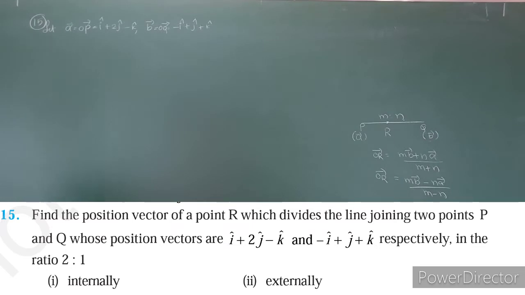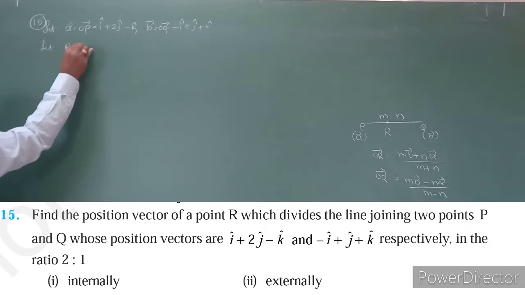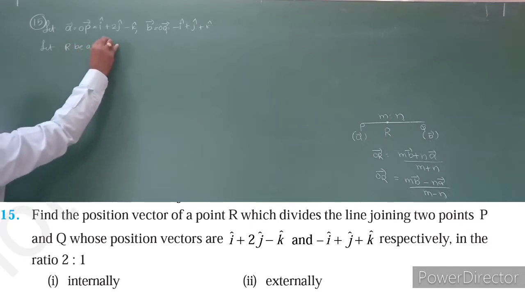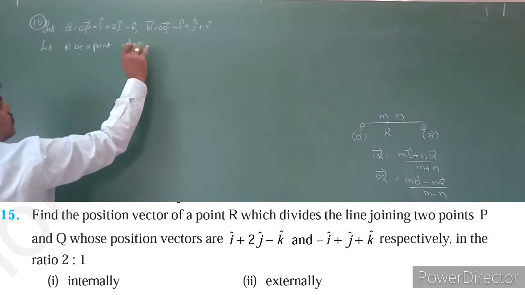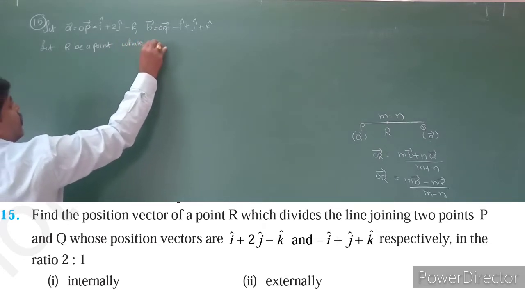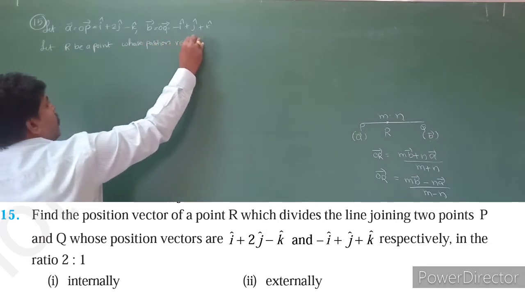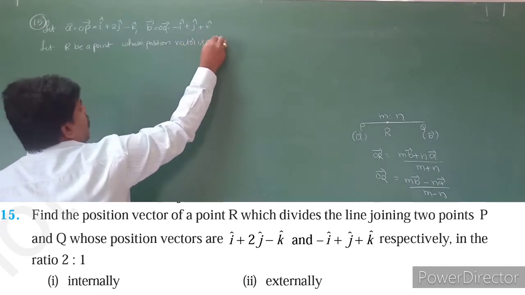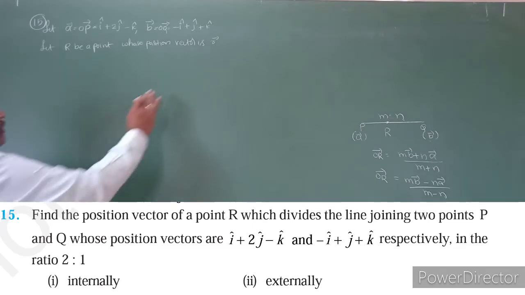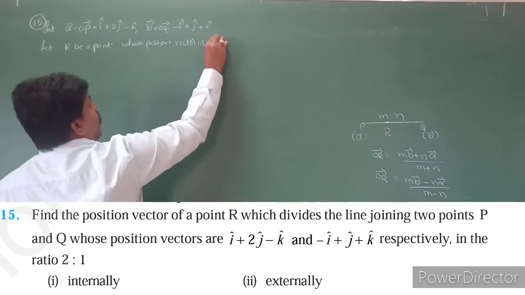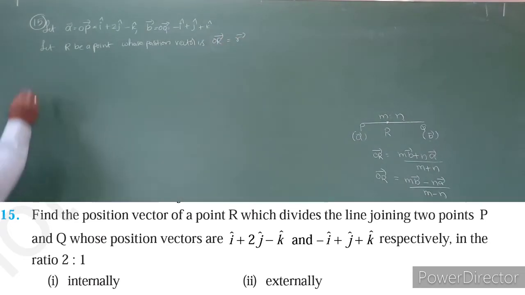So here we take R to be a point whose position vector is R bar, that is OR bar, we can take it as R bar, okay.